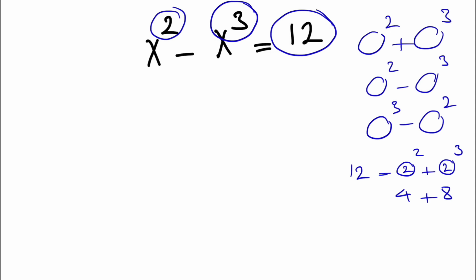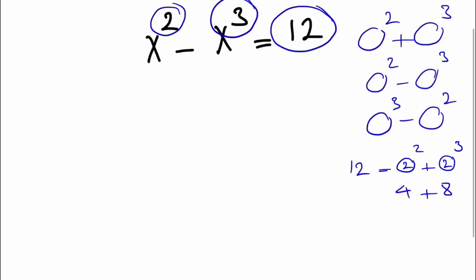There are other numbers like that too, and there is also 36 that can be written like that. 36 we can write down as something to the power of 3 plus something to the power of 2, and that would be basically 27 plus 9, which is 3 cubed plus 3 squared. This goes on. I think you got the idea. So whenever you are seeing this power of 2 and 3 with one number on the other side of the equation, there is a good chance that you can write that number in this format that I just discussed.